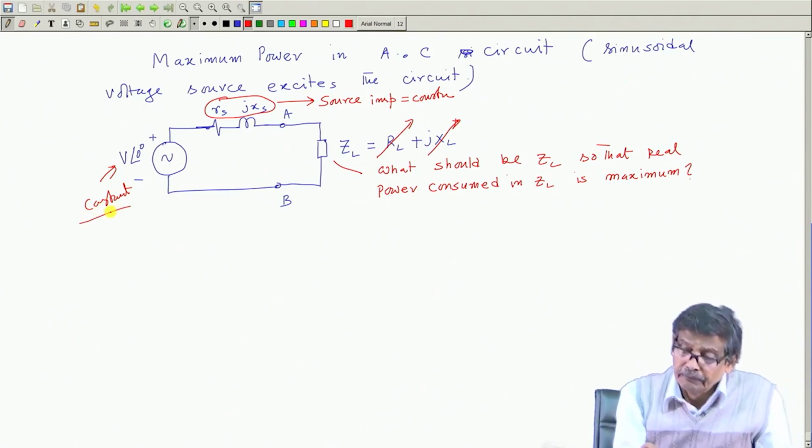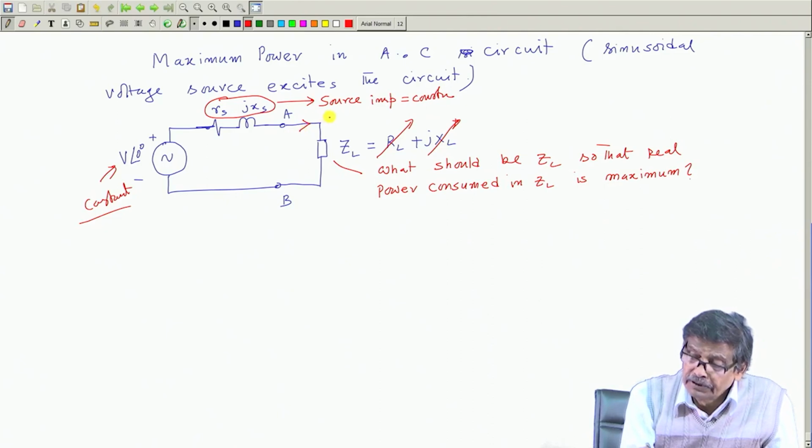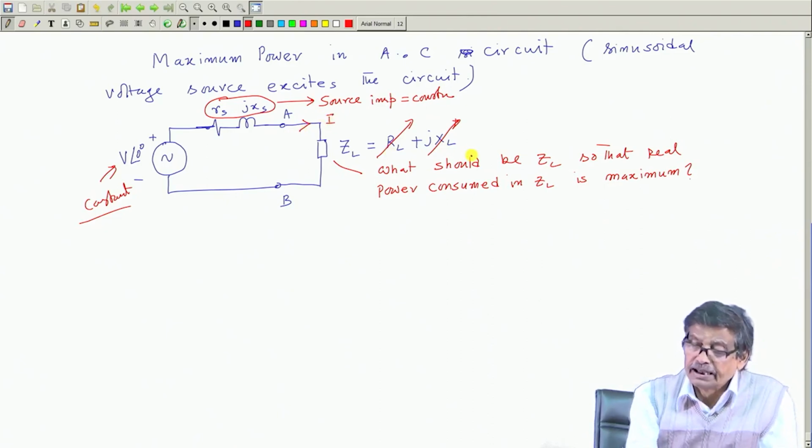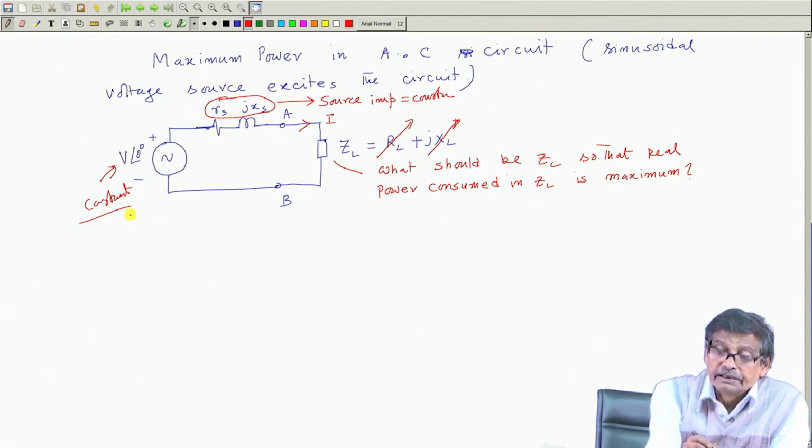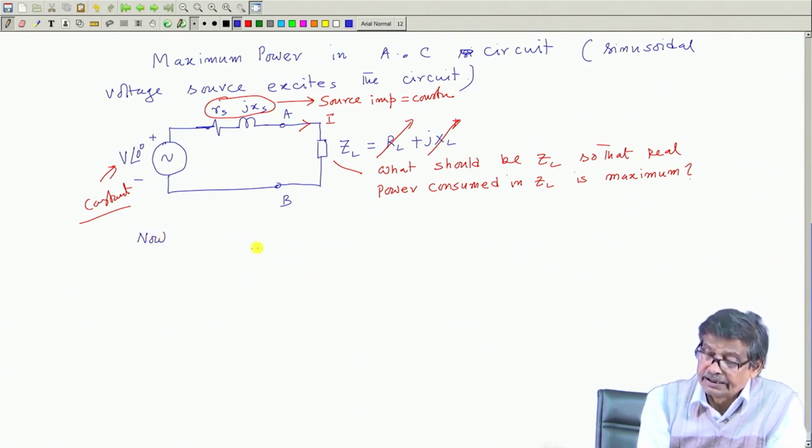Therefore, what should be the values of RL and XL in terms of say Rs, Xs, so that power in ZL will be maximum. So, the expression of power, for any arbitrary value of RL and XL.